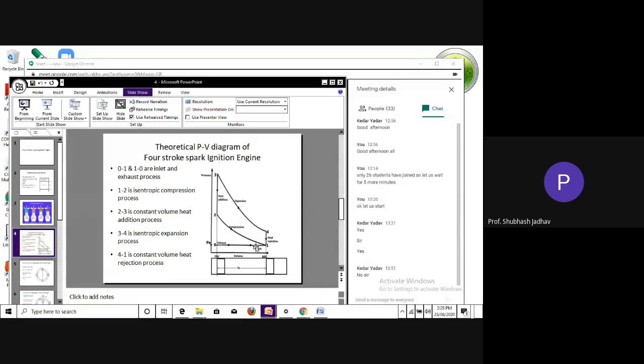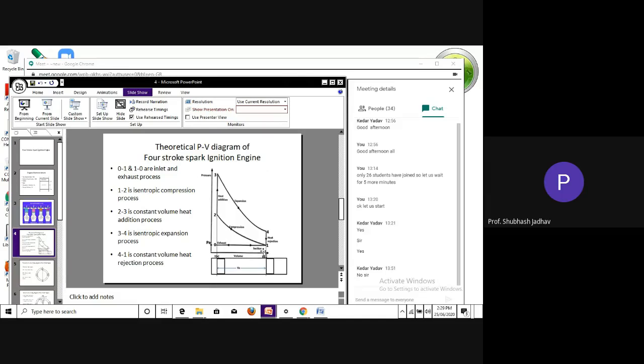Therefore, theoretically, when we draw our Otto cycle, it will be 1, 2, 3, 4, 1. We will not draw this particular part because it is not included in this closed cycle. So this suction and exhaust is not a part of your thermodynamic process as such.